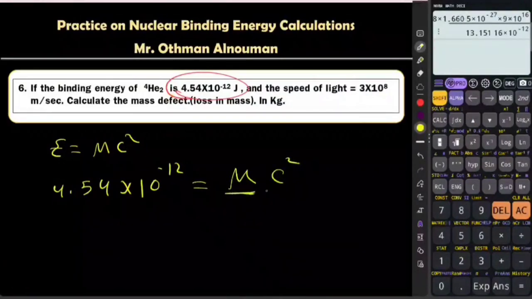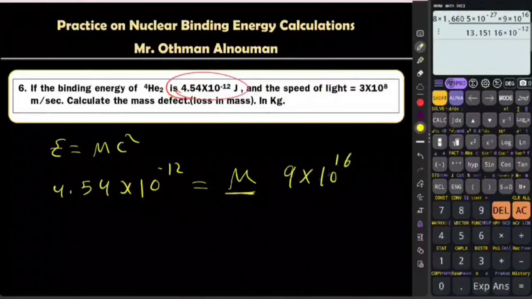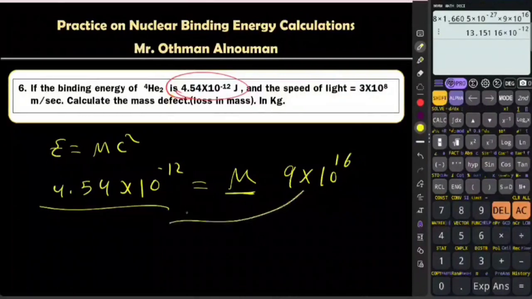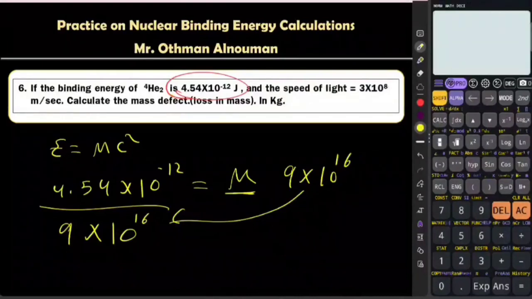Now to find the m, the c square is given, which is 9 times 10 to the power of 16, which is 3 times 10 to the power of 8 squared. To find it, we are going to divide this number over the speed of light squared, 9 times 10 to the power of 16. We are going to calculate it to see what we'll get in the calculator.